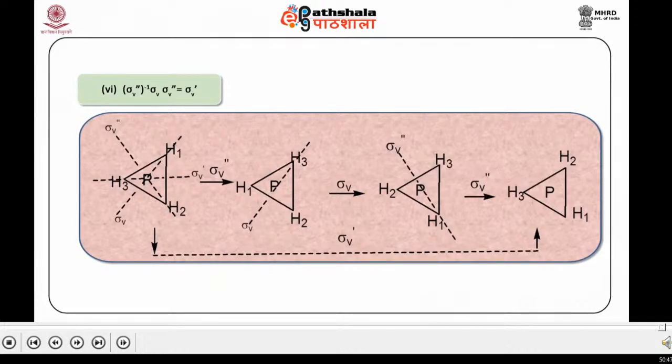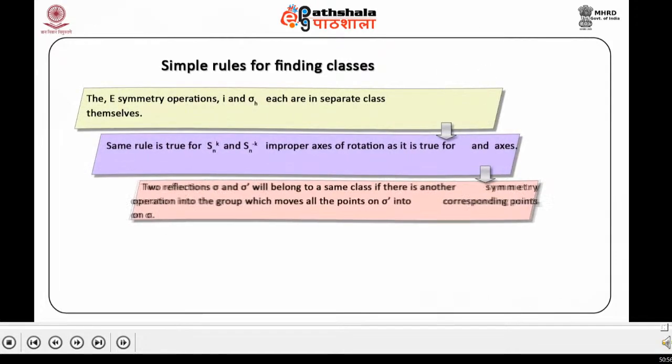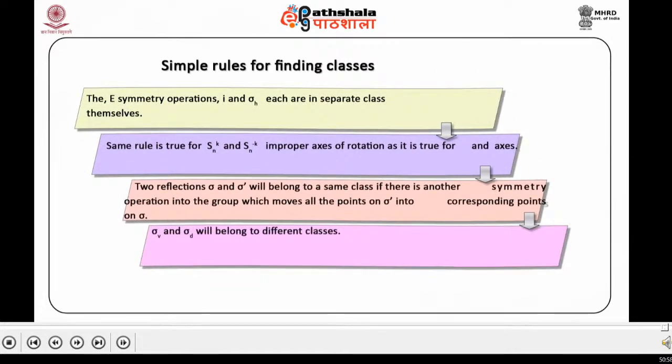C31, C32 of order 2. These are some simple rules for finding classes. The simplest way of arranging the symmetry operations into classes is to arrange them into sets of equivalent symmetry operations which have equivalent effects on the molecule.